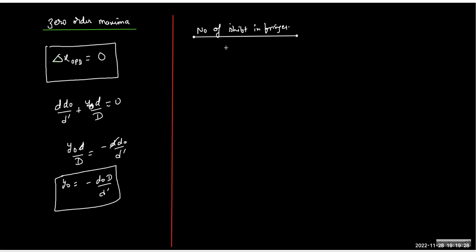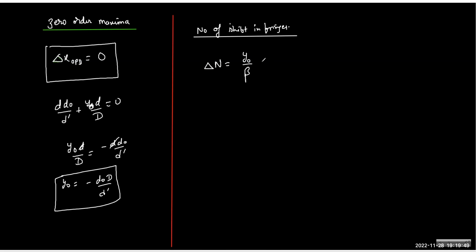Number of shifts in fringes is defined as delta n, and delta n we can write very simply as y naught by beta, because we are counting the number, right? If you want to know how many beta shift, then y naught by beta.